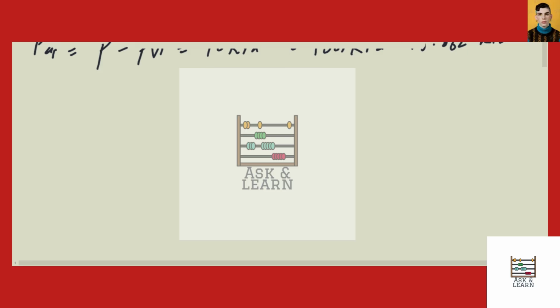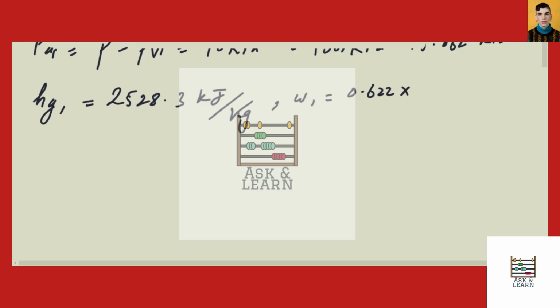So now we can calculate absolute humidity, and from that enthalpy H1. So for the calculation, we will also need Hg1, that is equal to 2528.3 kilojoules per kg, and we have W1 is equal to 0.622 multiplied by PV1 divided by P minus PV1.